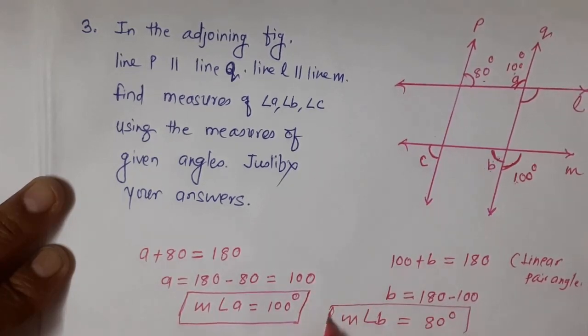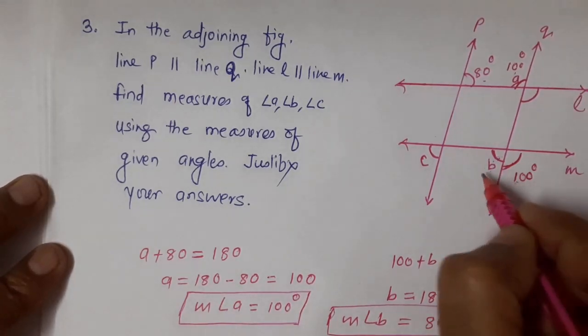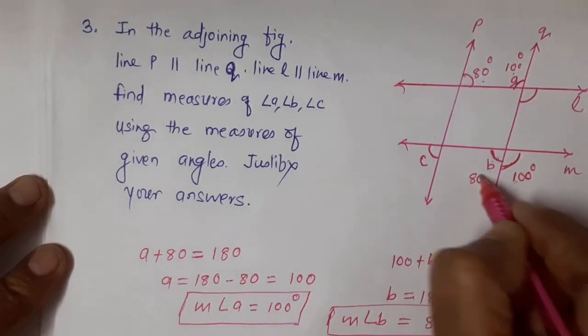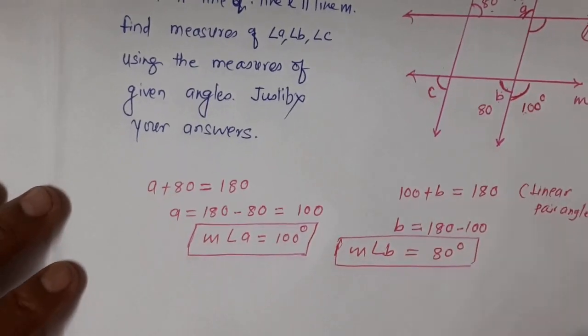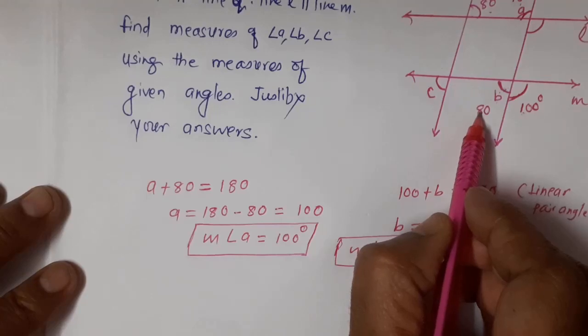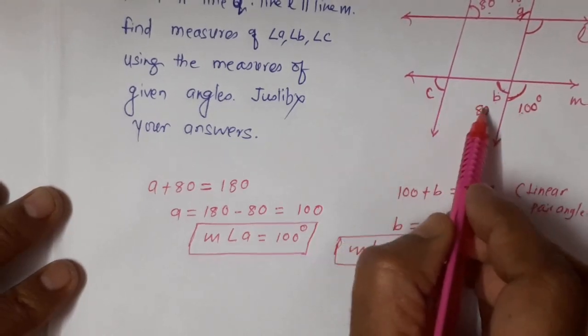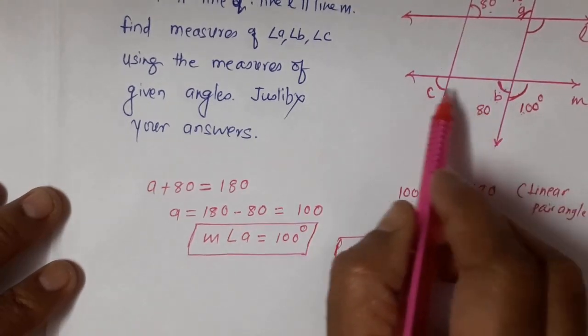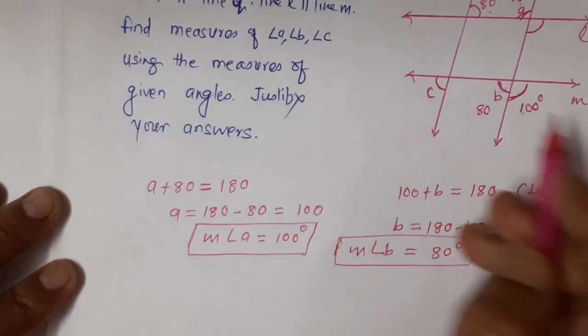Second thing, now this is 80 degrees, and next we have to find C. What are C and this 80 degrees? These are corresponding angles, and you know that corresponding angles are congruent.